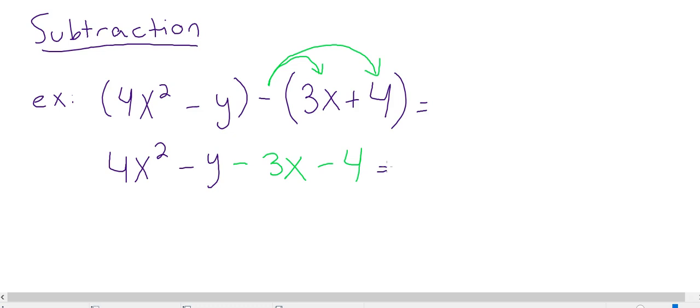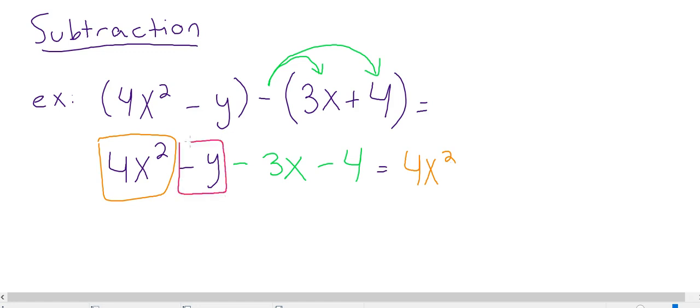Now we can add it like we add any other set of monomials. We just see, are there any with the same base and the same exponent? Are there any like terms? Same base, same exponent. Let's look. 4x squared. A like term would have a base of x and an exponent of 2. Are there any like this? No, there aren't. So this stays how it is, 4x squared. Next, we have a y.